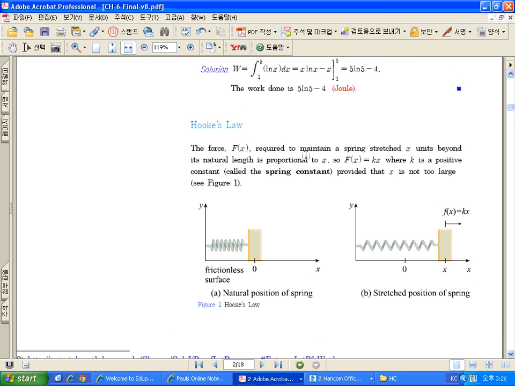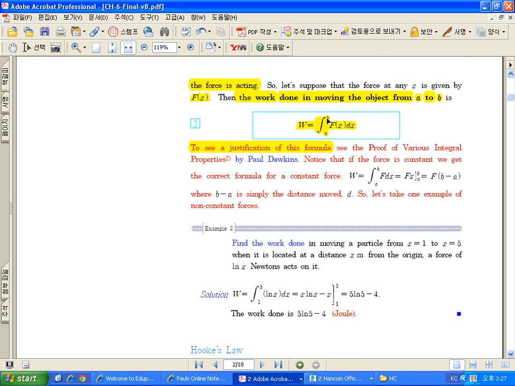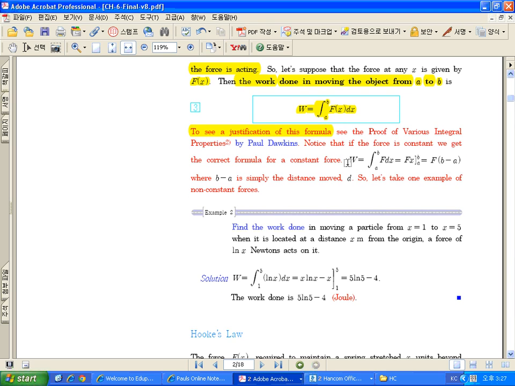So now we have this formula to find the work with the variable force. Particularly, if the force is constant, then we get the correct formula for the constant force.